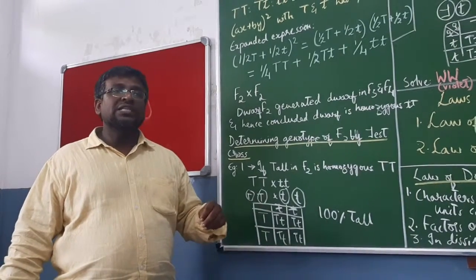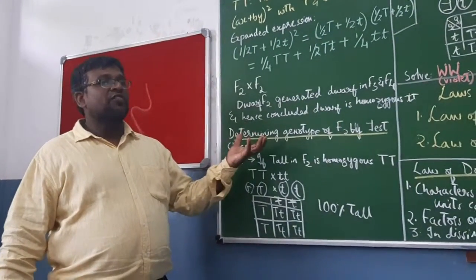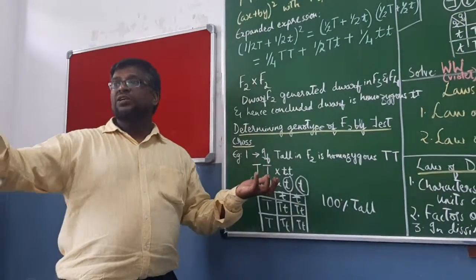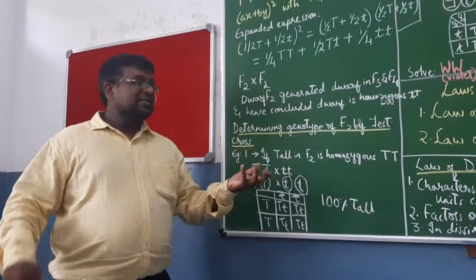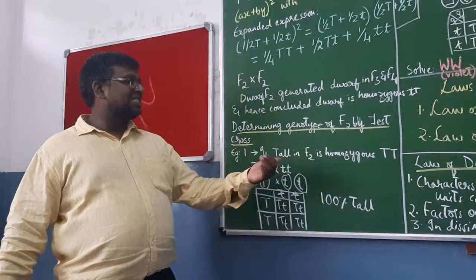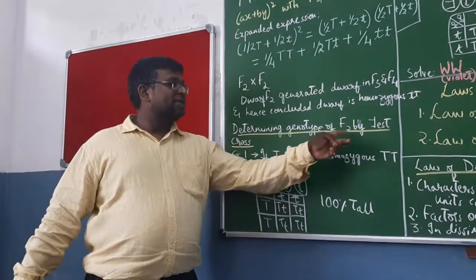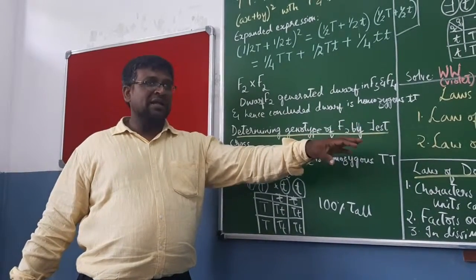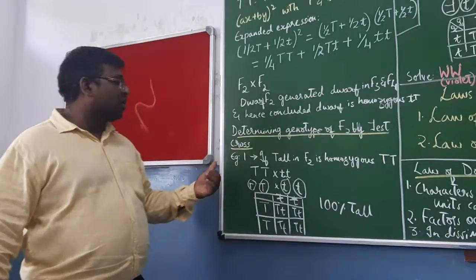Test cross is utilized to find out the type of the F1 or F2 generation, whether it is hybrid tall or pure tall. Just assume I have given both of them as an example. So determining the genotype of an F2 individual by test cross.